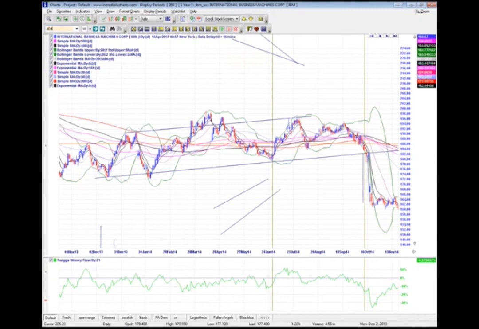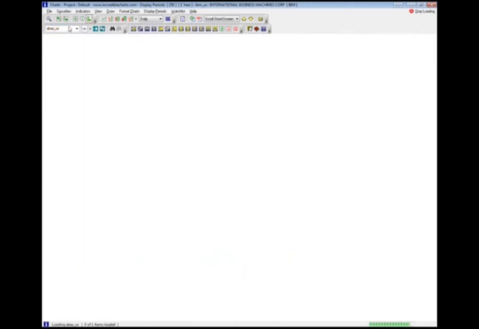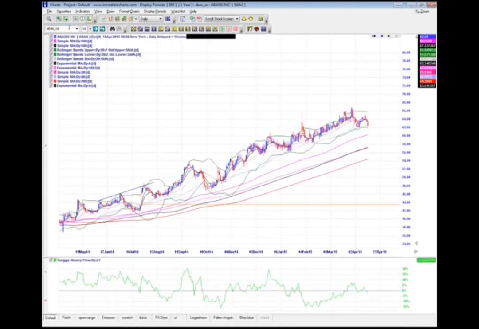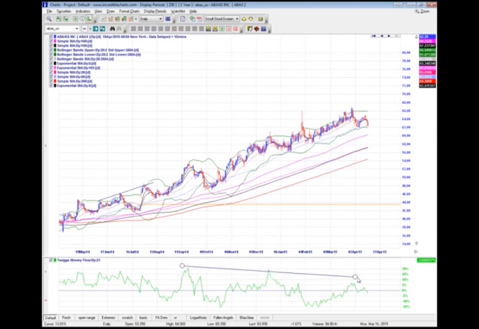So as we look at ABAX now on the chart, we can see how that's moved since those sell points, since November. You can see essentially it's just kept going up. As the stock has gone up, you can see that the smart money has been selling.